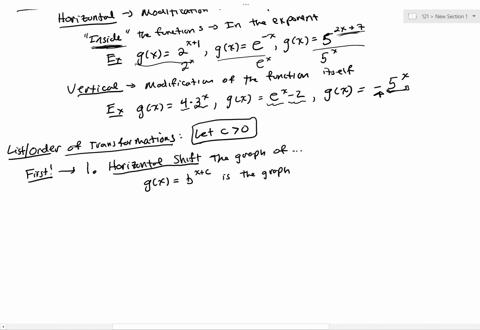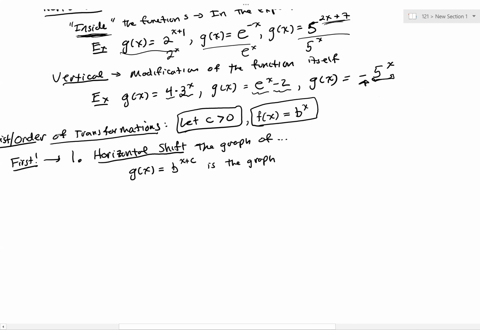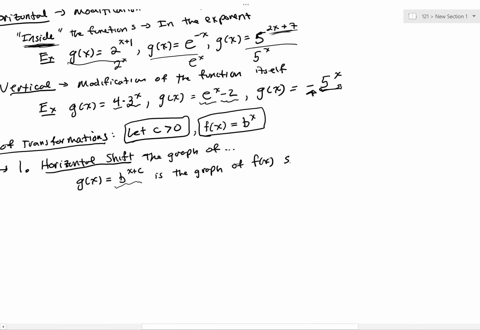So we're going to let c be greater than 0, and we're going to let f of x be the parent function of b to the x. So I'm going to assume f of x is always b to the x. So the graph of g of x is equal to b to the x plus some positive number is the graph of f of x shifted left c units.